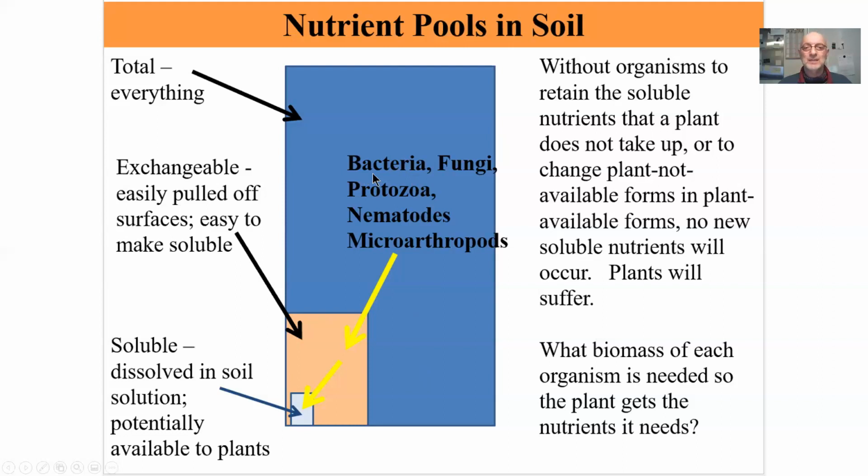And then the bacteria, fungus, protozoans and microbes work on it, and you get into this smaller box here. They are pulling it out of the surface, and the small one is what is dissolved in soil solution, potentially available to plants.